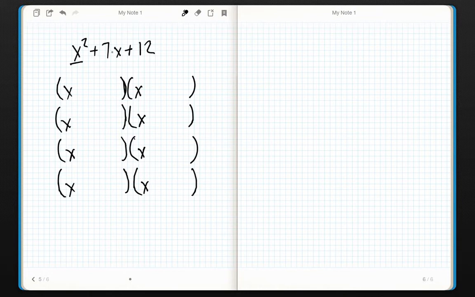Now I also know that because I'm trying to build a positive 12 with this last term multiplied by this last term, both this sign here and this sign here need to be the same.